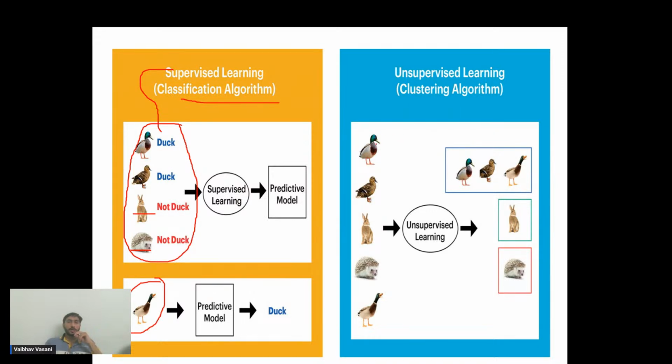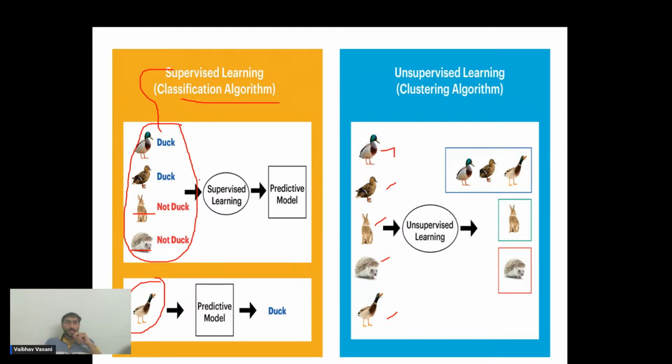We have image 1, image 2, image 3, image 4, image 5, but I have not provided any label here. Not a single label is provided here. As I have not provided a single label, this is called unsupervised, because labels are not provided.